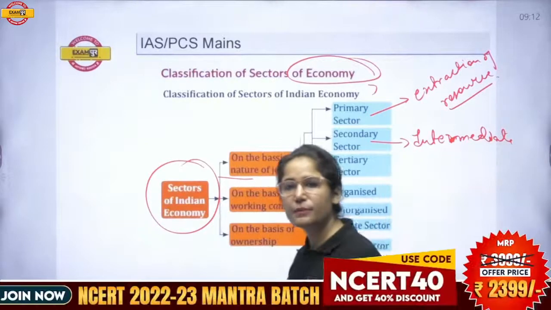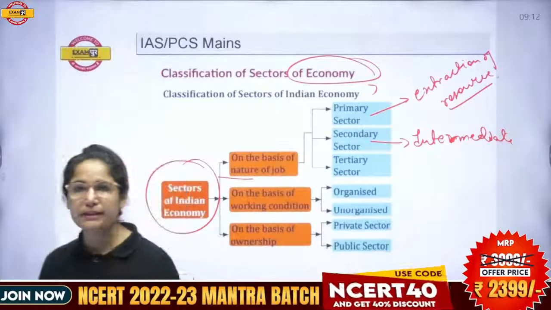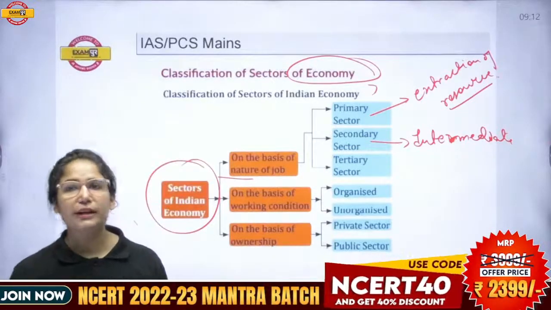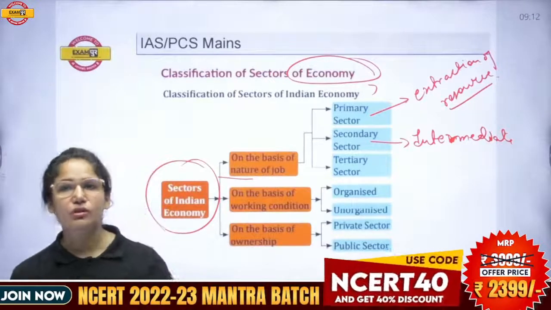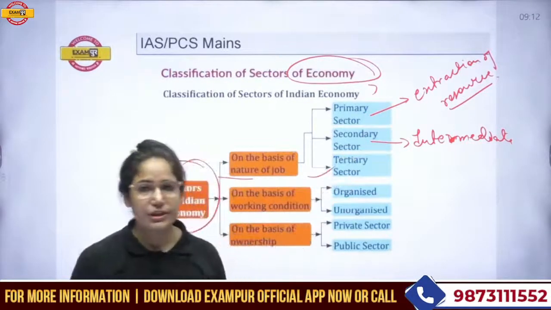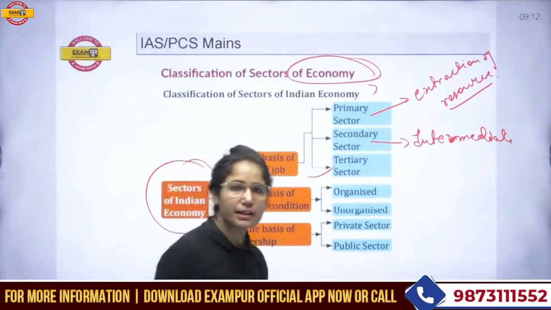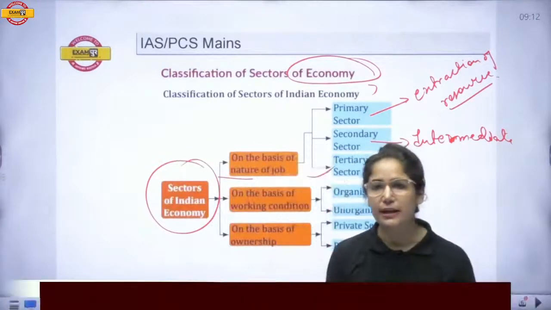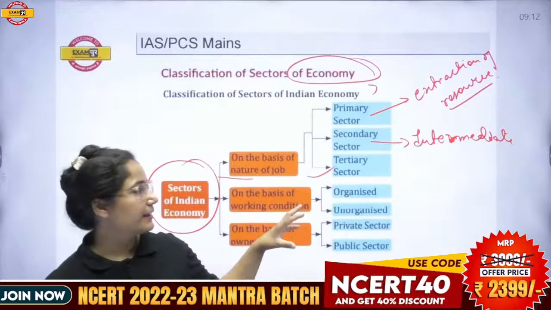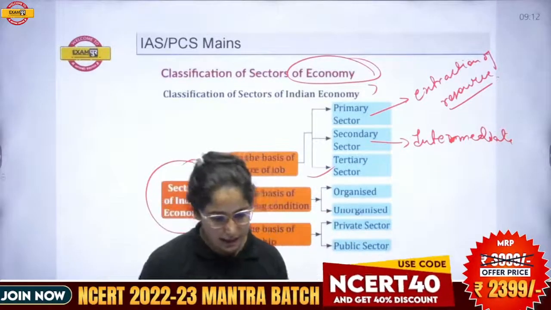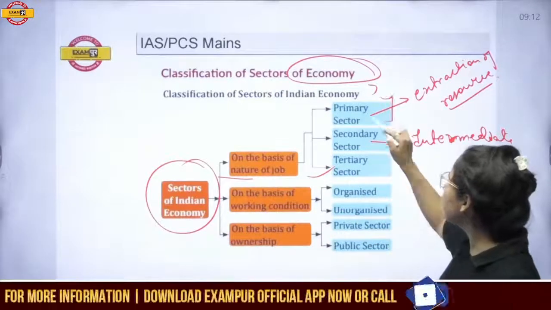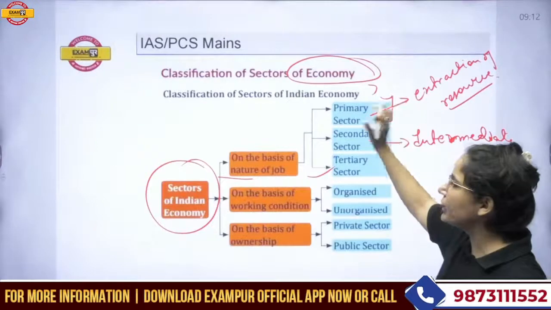If agriculture is producing, industry is preparing the goods, turning them into finished goods, who is going to make the things available at the doorstep level? That has to be done by the tertiary sector, because communication, transportation, insurance, banking, like credit provisions, everything is undertaken by the tertiary sector. Okay, so this is the core part. This is the baseline of the economy.